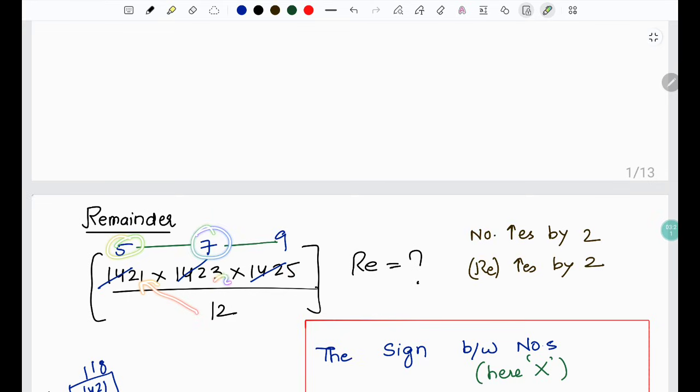For 1423 it comes out to be 7. And similarly, if we divide 1425 by 12, the remainder comes out to be 9. The relation that is being followed by the original numbers will also be followed by their remainders.